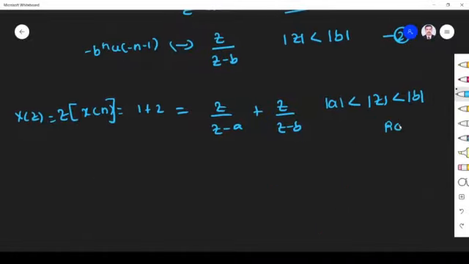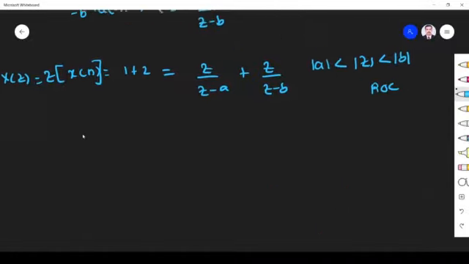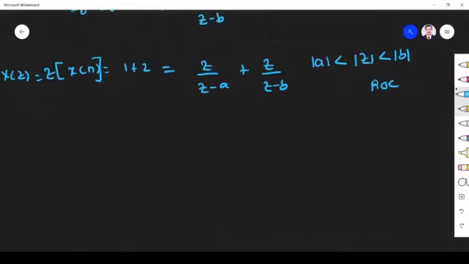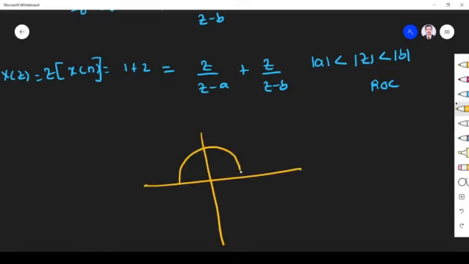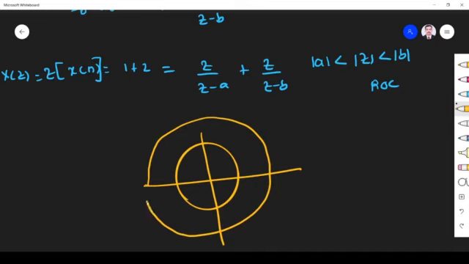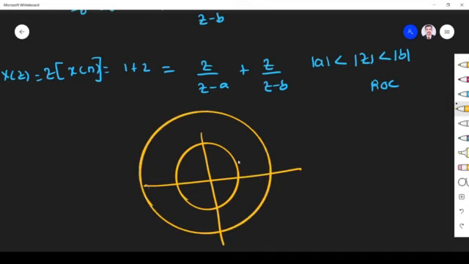How to draw this? It is two circles, since we have two functions. On the x-axis is the real part of z, and on the y-axis the imaginary part of z.